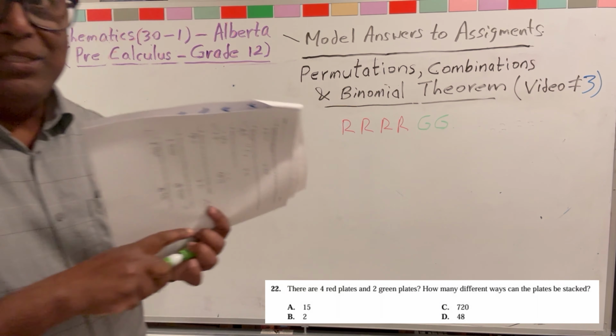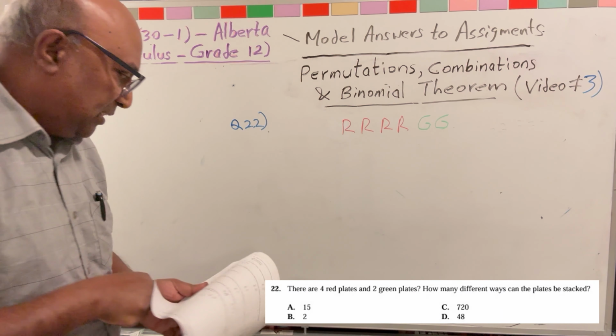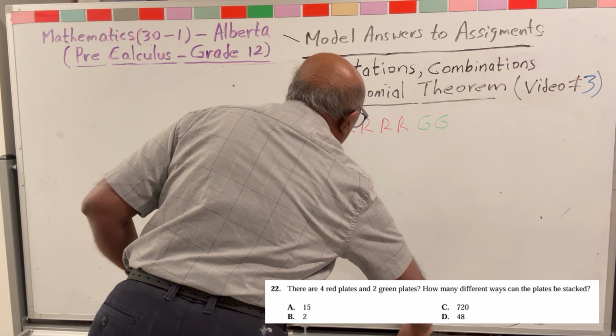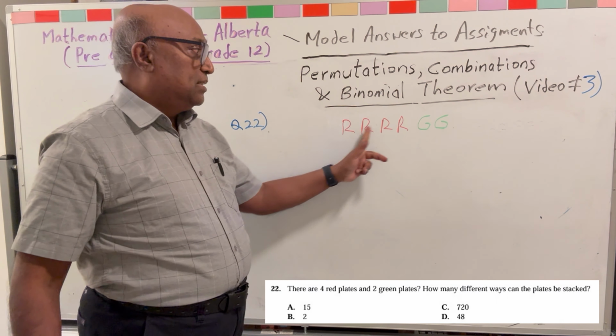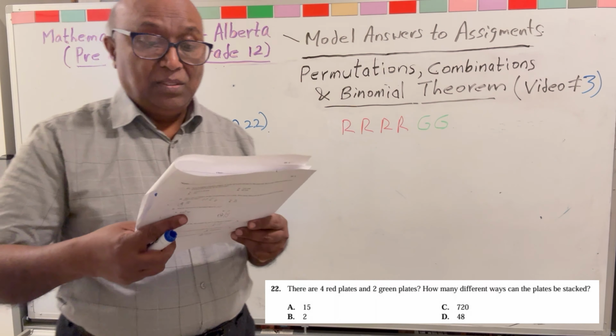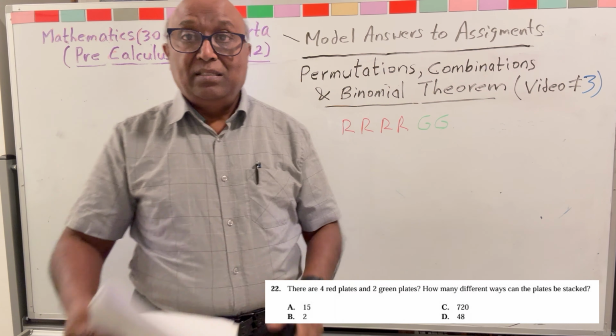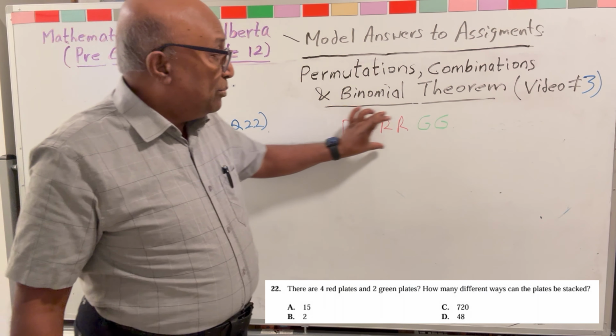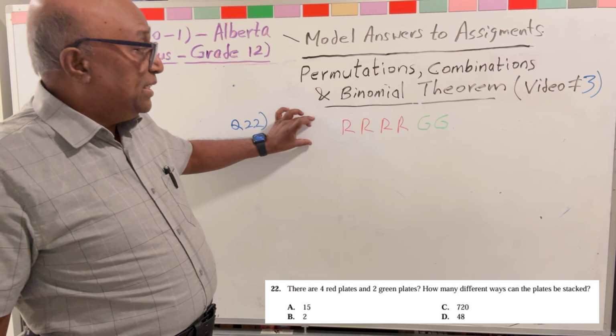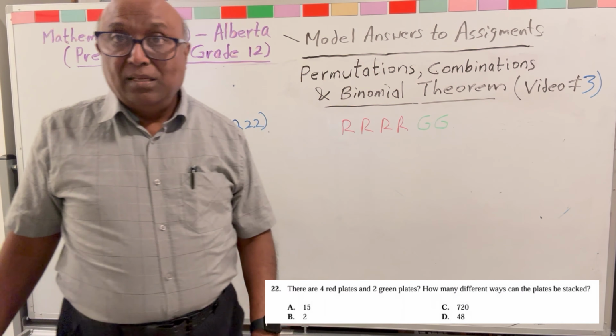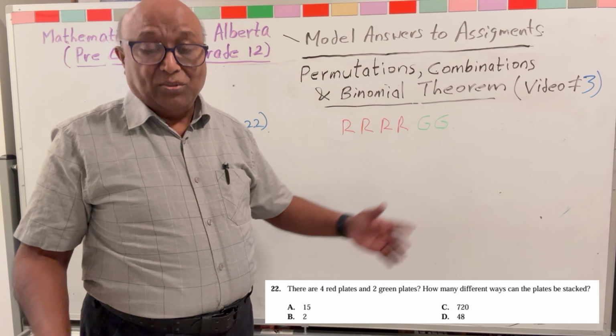This question is impressive just to understand the concept. There are 4 red plates and 2 green plates. How many different ways can the plates be stacked? You have to stack all these plates in order. How many different ways?